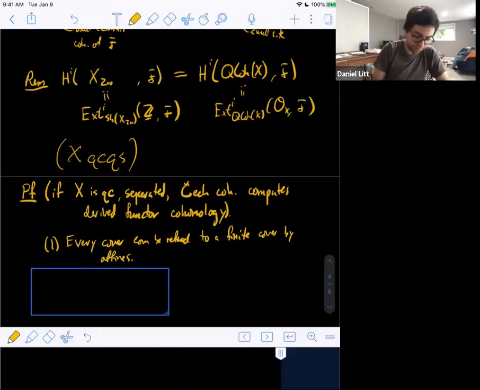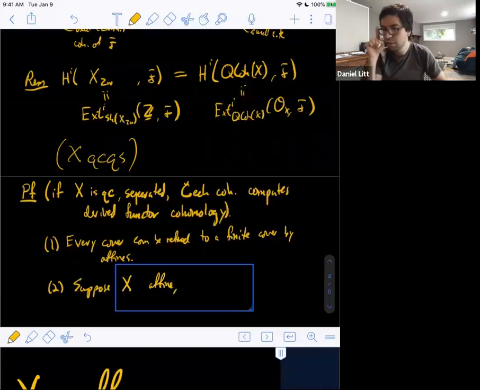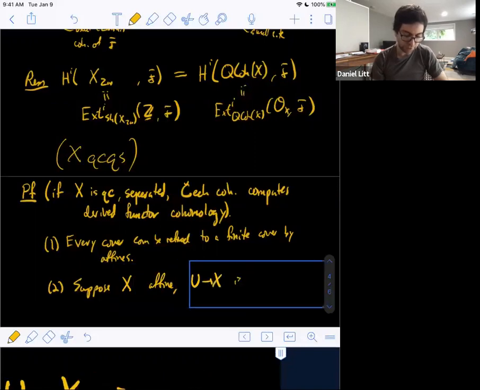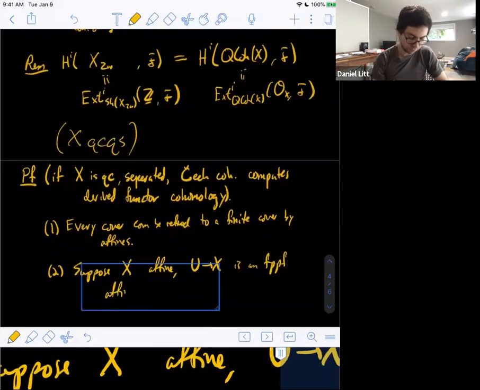Okay, so now let's consider the following situation. So let's suppose X is affine now, and U to X is an fppf affine cover. So in particular, U itself is also affine.